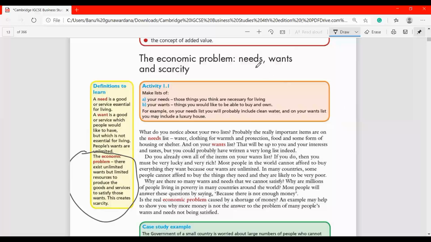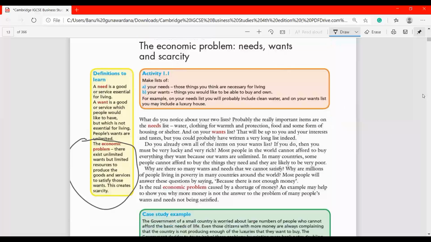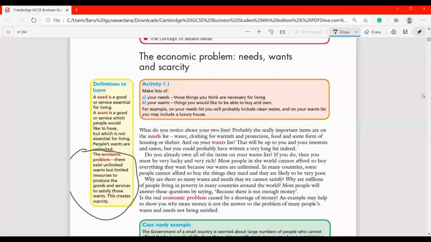So under here we learn about three terms: needs, wants, and scarcity. So what are needs? Needs are understood as the things that are essential for survival, that are required by people in order to survive, such as food, water, protection, shelter, etc. While wants are understood in business studies as the ways that people will be satisfying their needs.